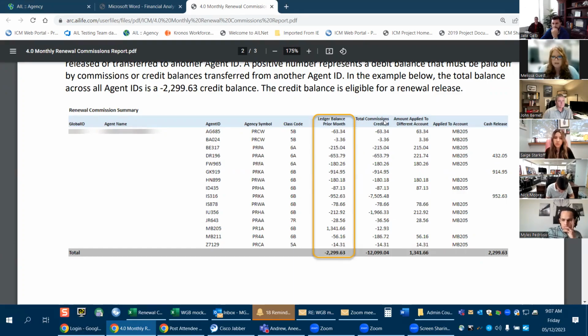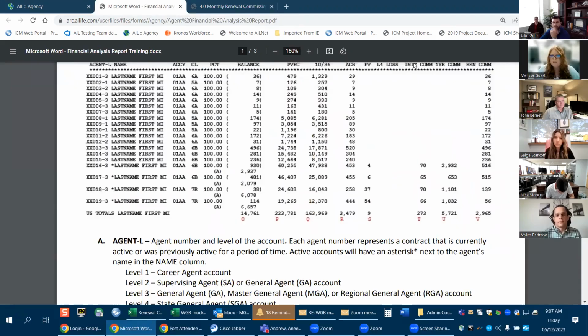This total includes initial, first year, and renewal commissions, all that have been credited within the month to that particular account. However, on the financial analysis report, you see the values split out by initial, first year, and renewal. On the renewal commission report in ICM, you see the sum of these three lines.